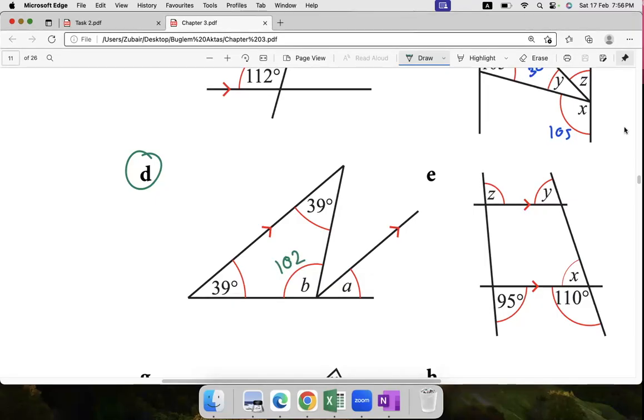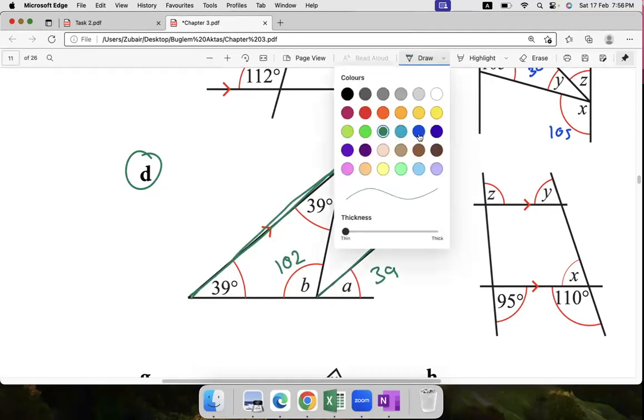Just look at the diagram, no plus minus in your head. 39. And the property is alternate because it's like Z. This is the parallel line, this is the parallel line, this is 39, but the property is, it is not Z.